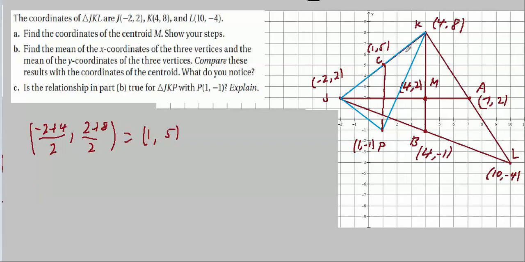Now, we have to find one more midpoint. Yeah, what the heck, let's try this one. You get minus 2 plus 1 over 2, and 2 plus a minus 1, taking the average of the y-coordinates.